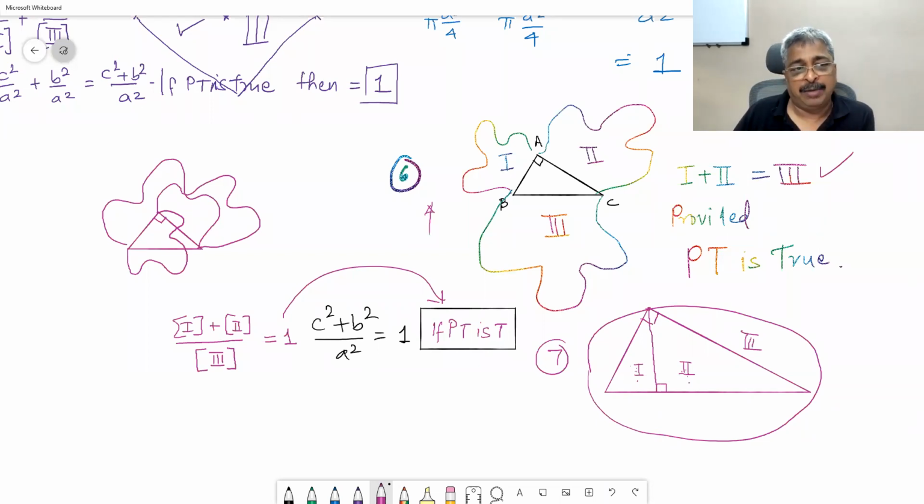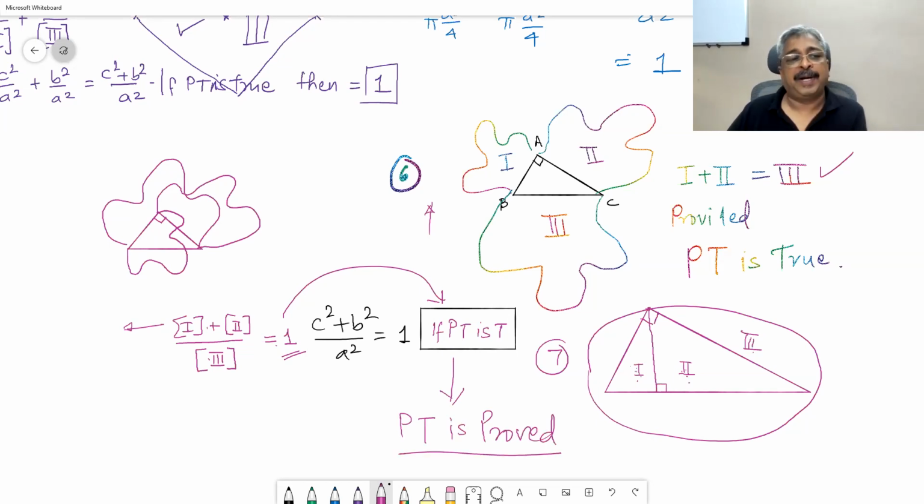May not be outside, but inside only. Because we are drawing all the three figures inside, adding their areas, area 1 plus area 2 is equal to area 3 is obvious. This is very easy. 1 plus 2 is of course 3, and therefore the ratio is bound to be 1, and hence the Pythagoras theorem is true.